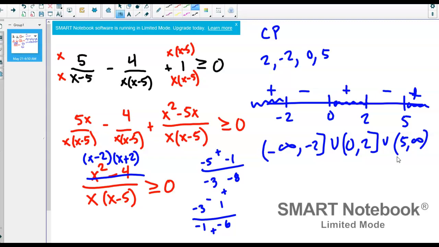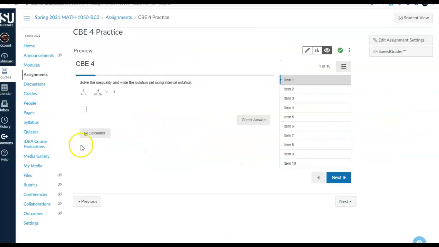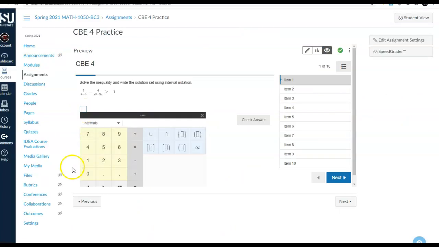So we'll go type that in here. Here we go. Let's see here. I've got to have this on this other side here. Rearrange things here.